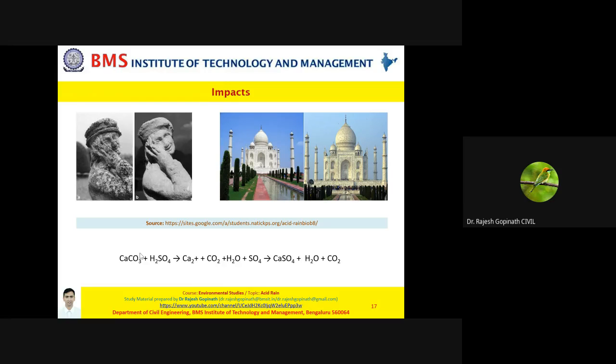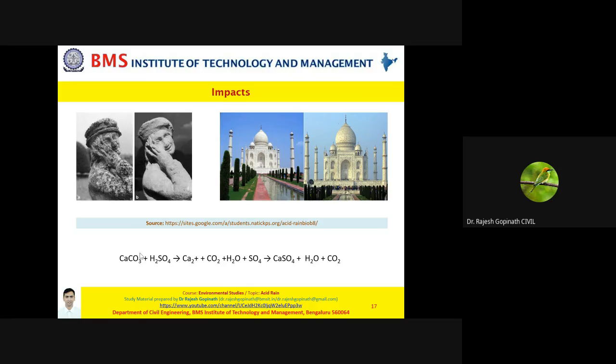Eventually what happens is, when H2SO4 falls on Taj Mahal, that is when H2SO4 falls on calcium carbonate, there is a reaction, and this reaction subsequently results in the formation of calcium sulfate, water vapor, and carbon dioxide. Friends, if in case your Taj Mahal is appearing yellowish, that is because of calcium sulfate, because sulfur provides a yellow tinge.